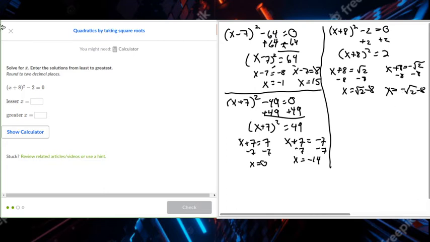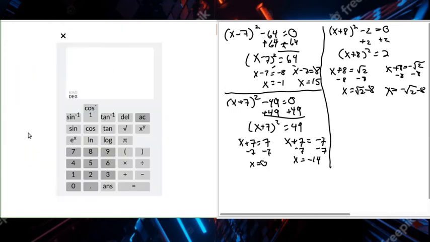And it's asking us to round to 2 decimal places, so we need to use the calculator. I need to get square root of 2 minus 8, which is negative 6.59, two decimal places.